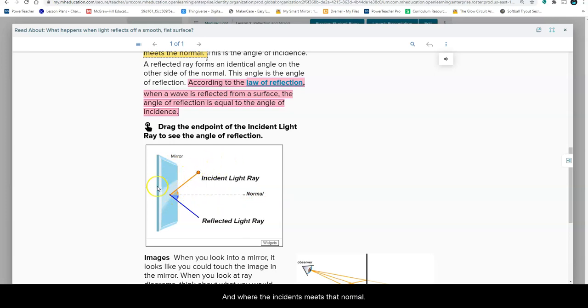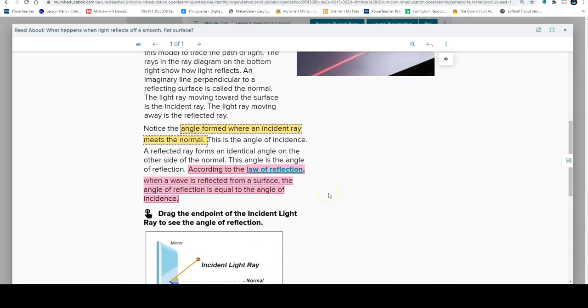And where the incident meets that normal, the light where it bounces off compared to a right angle, that is where that angle is. And with the law of reflection, whatever the angle between the incident and the normal is, the reflection angle is always going to be equal and opposite.